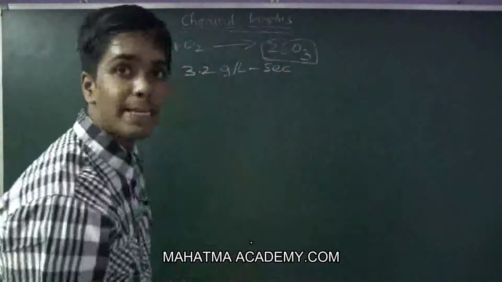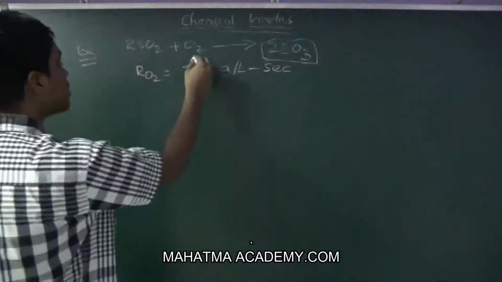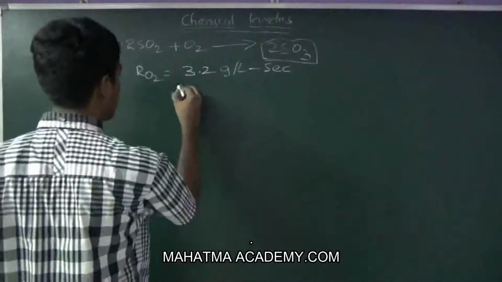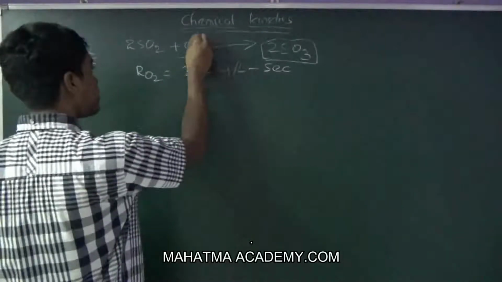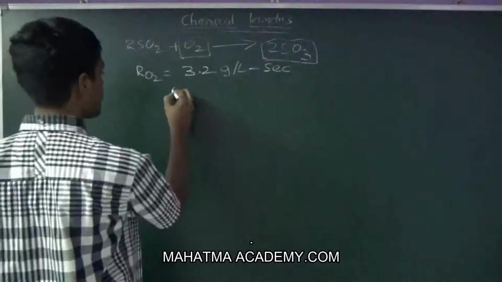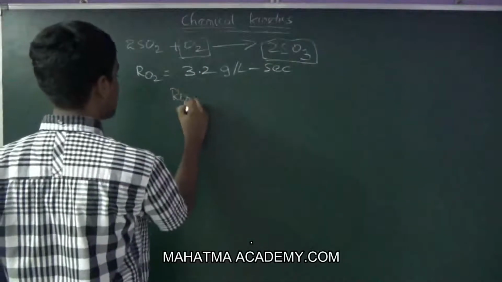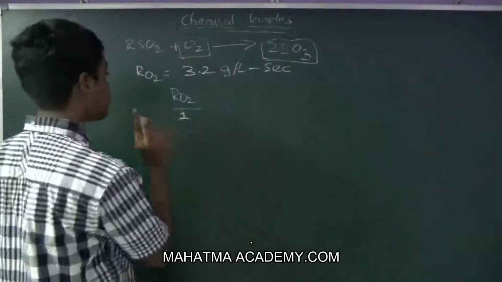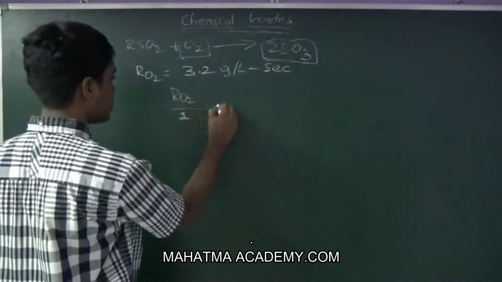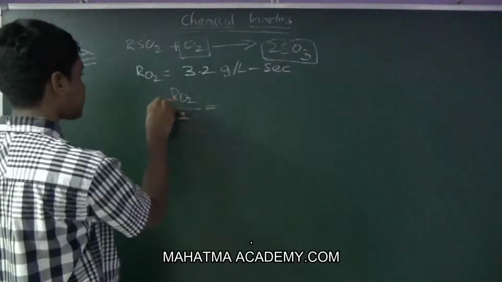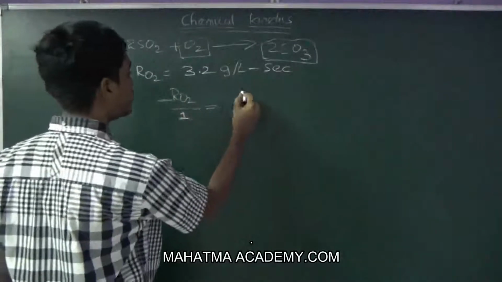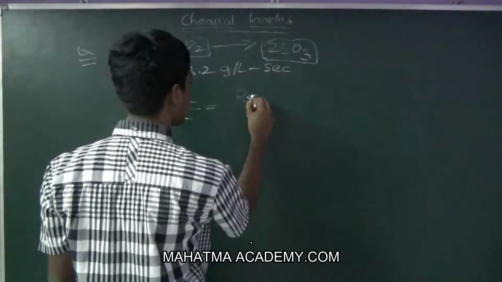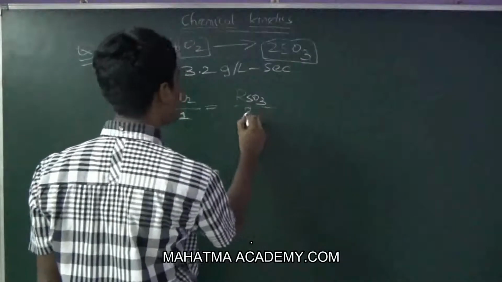Now it is the simplest formula. Now it is based on stoichiometric coefficients. Now here it becomes 1. Now R of O2 upon 1, here it is negative, is equal to R of SO3 upon 2.